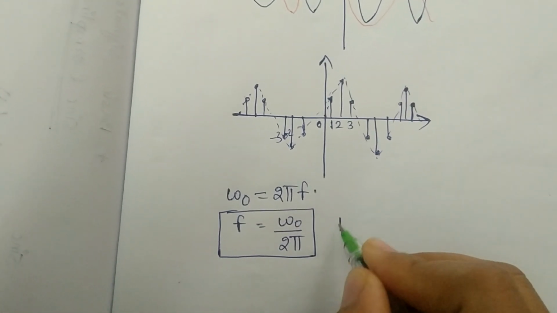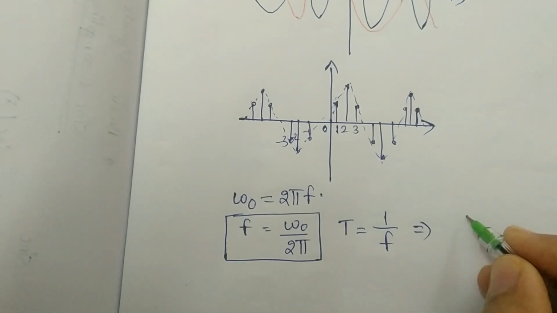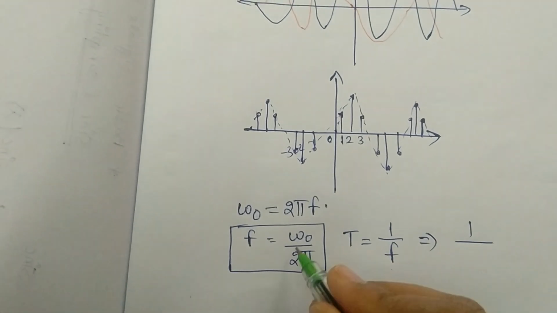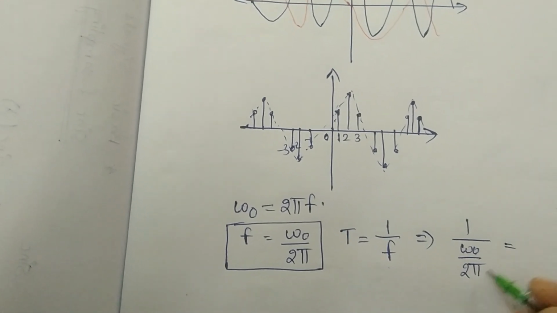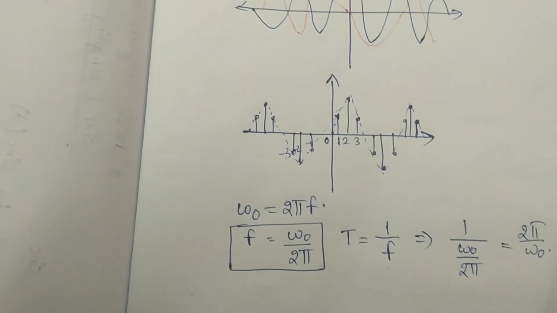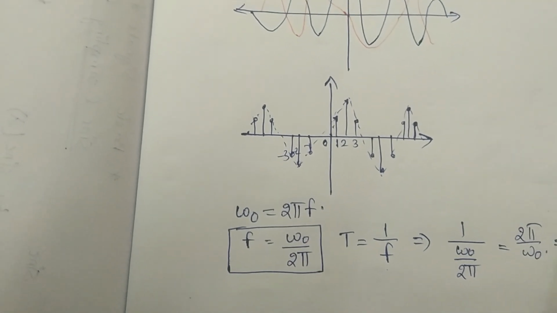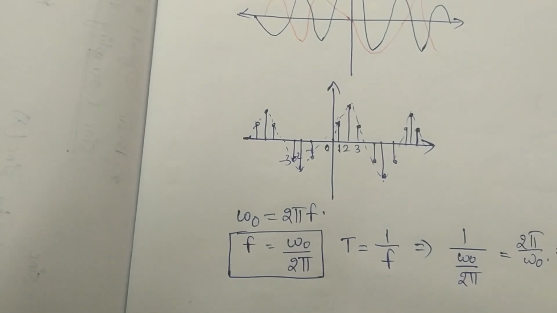Then time period means 1 by f. We can replace the f value here. f means omega naught by 2 pi, right? Then 2 pi by omega naught is the time period. Time period is 2 pi by omega naught.